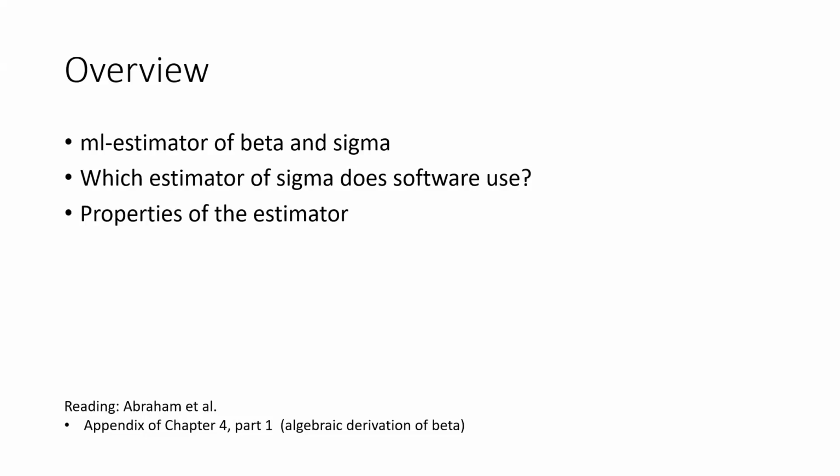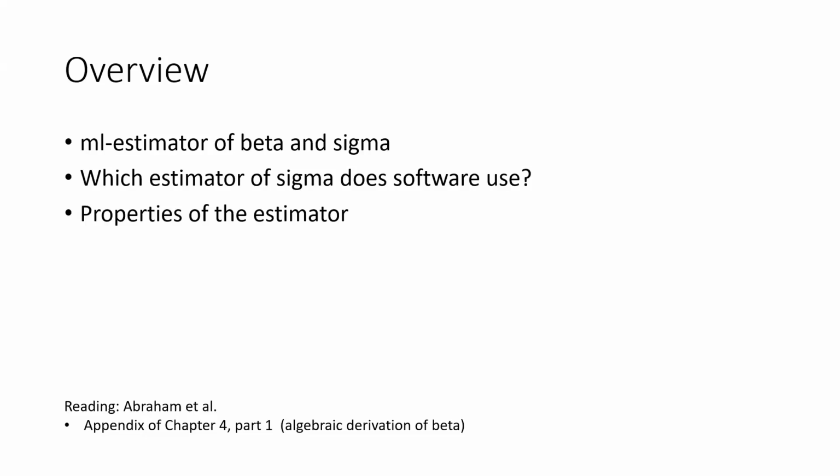Now, for sigma, maximum likelihood estimation leads to a certain formula, and the sample variance or the unbiased estimator of sigma that we know from introductory courses leads to a slightly different answer.